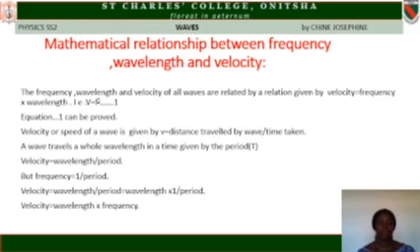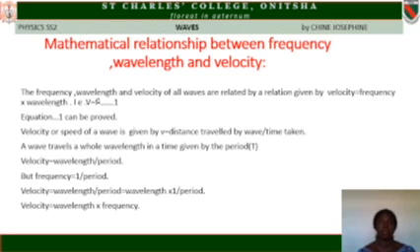Then velocity or speed of a wave is given by distance traveled over time taken. If a wave travels a distance in one cycle, and the time it covered in that one cycle, we call it a period. Then velocity can be given as wavelength, which replaces distance traveled, divided by period, which replaces time taken.